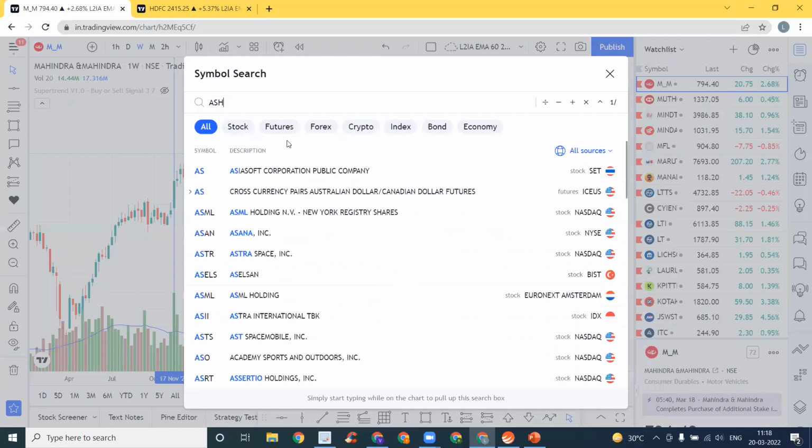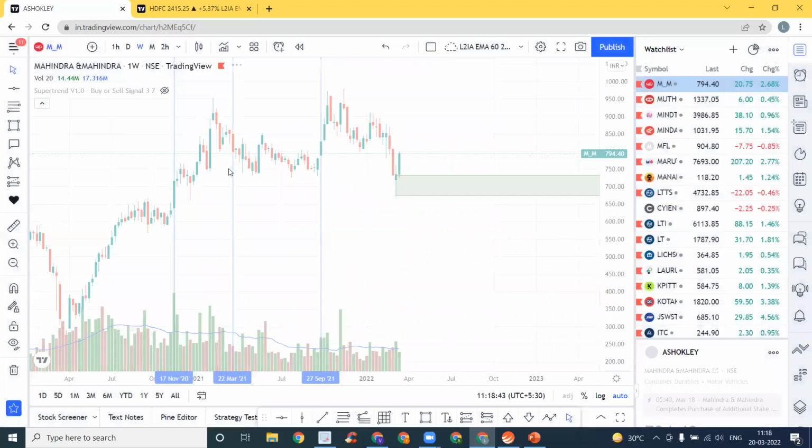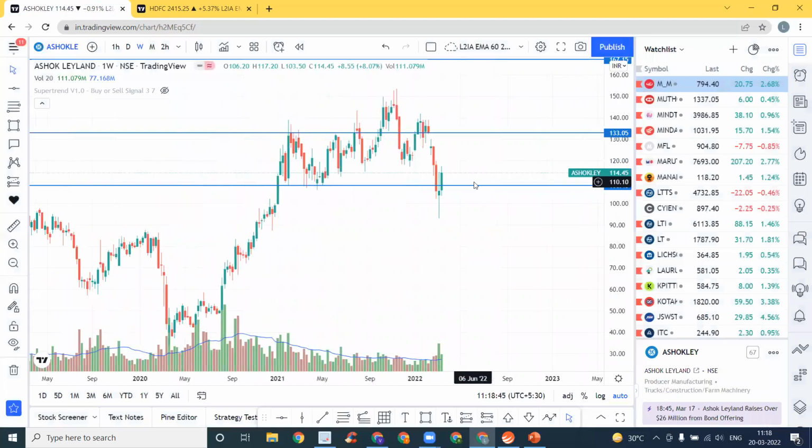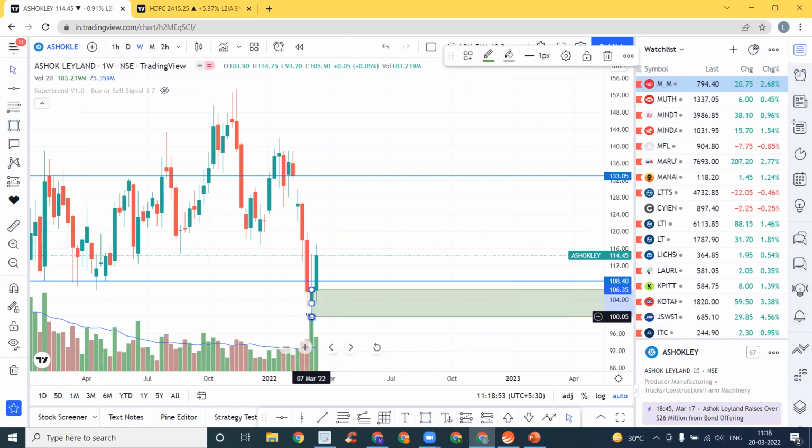Ashok Leyland. In your portfolio, if out of 10 stocks you are able to have a positive in 6, 7, 8 stocks, because the current market is bad, you are still doing well.